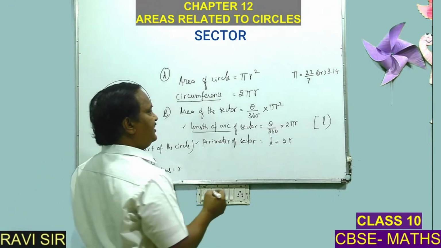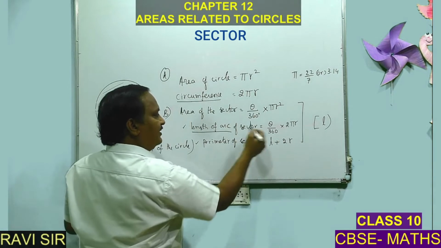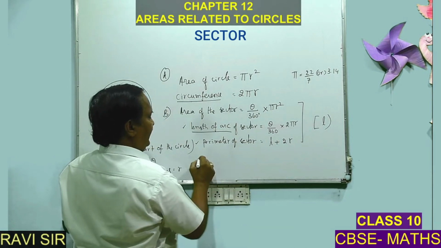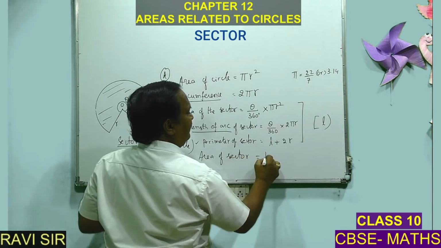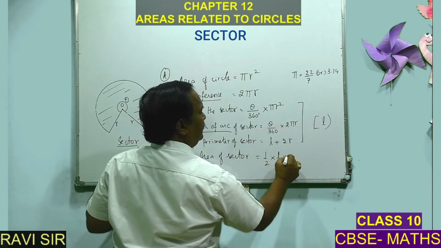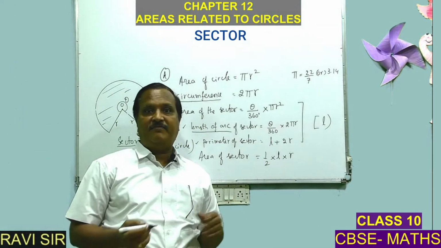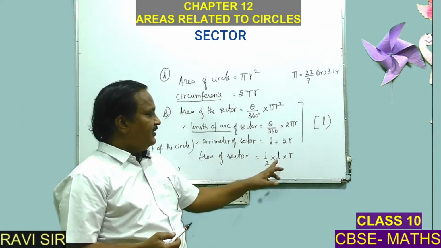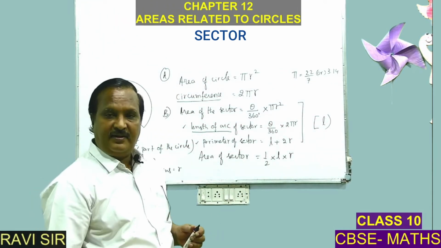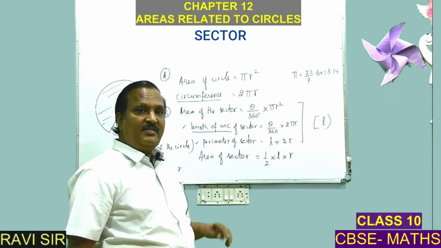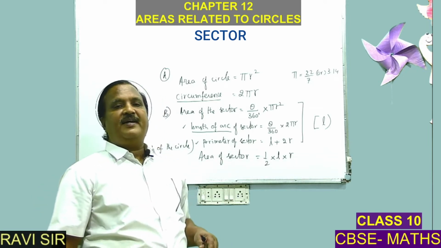So, the sector has 3 formulas. After finding this, we have one more, the area of the sector. You can use this also: half into length of arc into radius. This is one more formula for area of the sector. Sometimes length of arc will be given, radius will be given, and you can find out the area of the sector. So, area of the sector you can find in 2 ways.